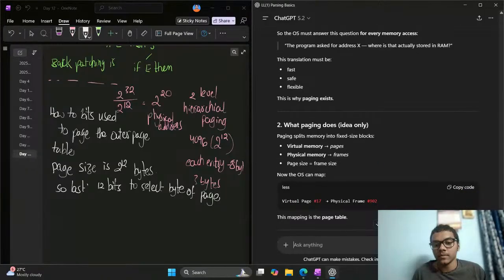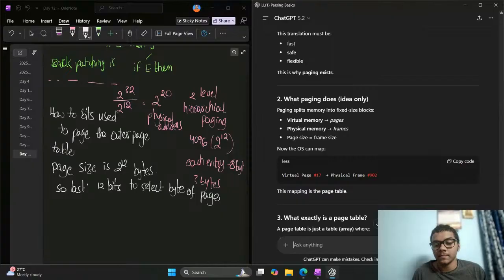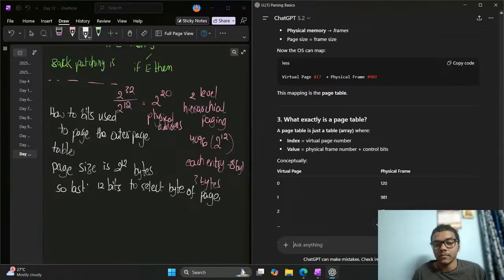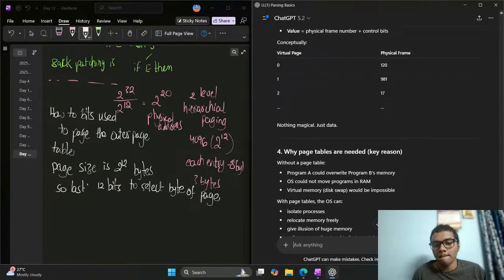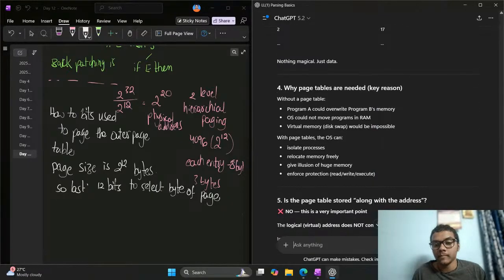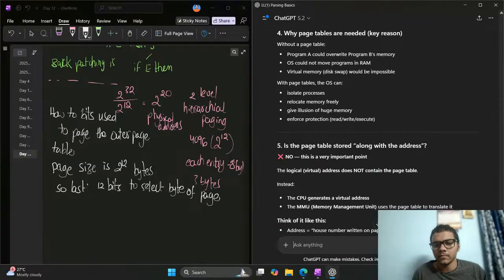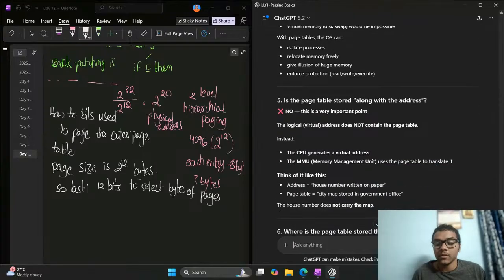Virtual memory. Okay. The logical address does not.